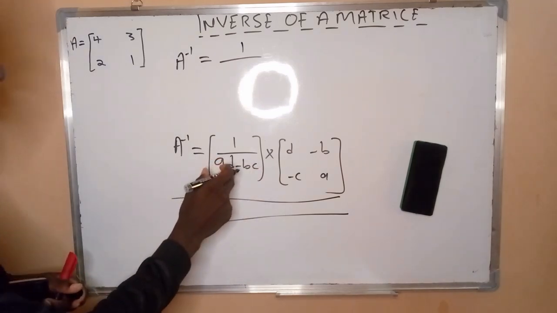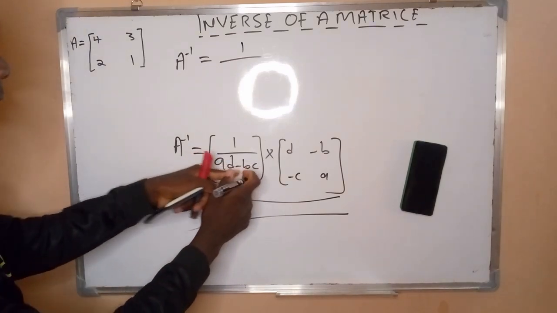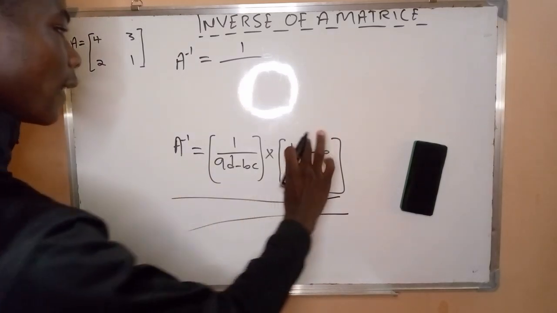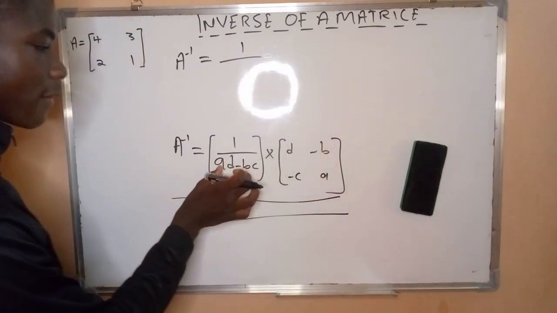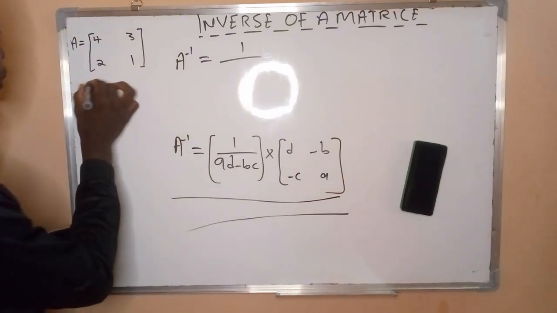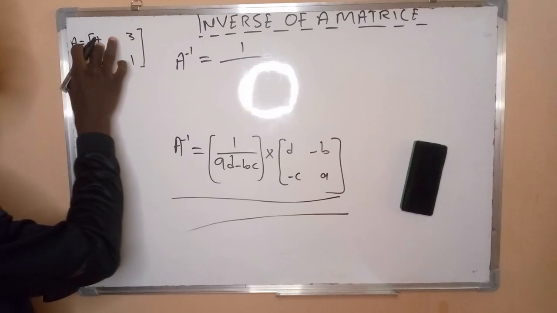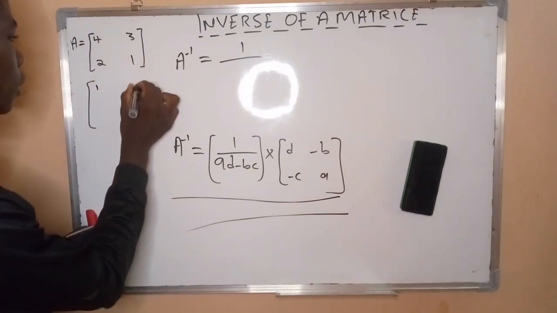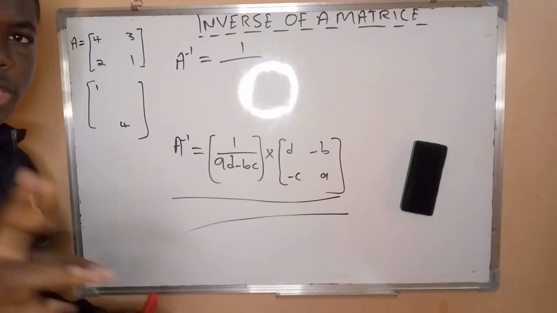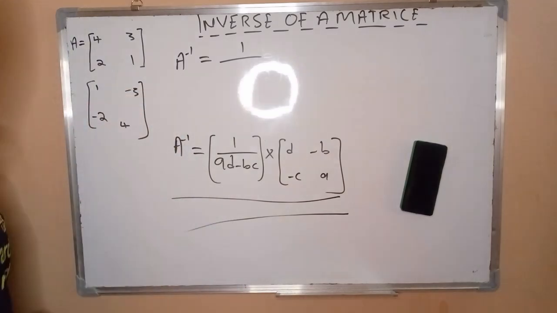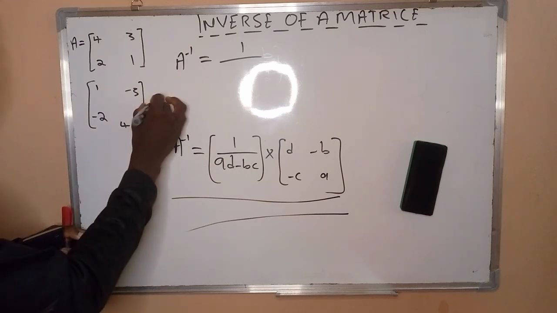We find the determinant of this matrix and arrive at ad minus bc. This is our general matrix. So I have to swap between 4 and 1. So I will have 1 and 4, and I will introduce a negative sign to minus 3 and minus 2.